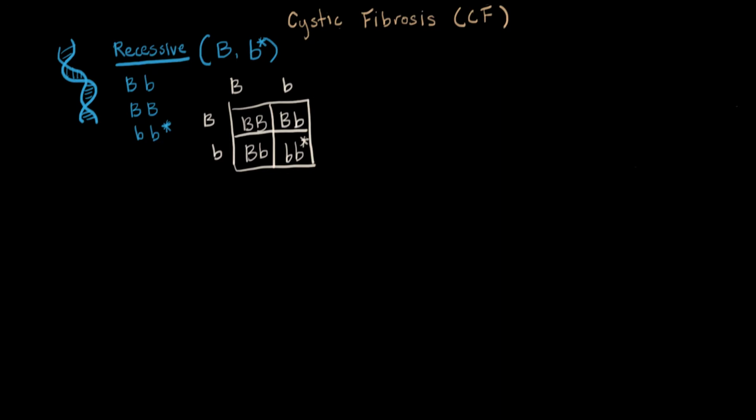Now the studies and the numbers show us that this disease is most common among the Caucasian population, just because of the frequency of the small b, the CF gene, in this population. Since there's the highest frequency of CF genes within the Caucasian population, traditionally, they have been most affected by this disease.